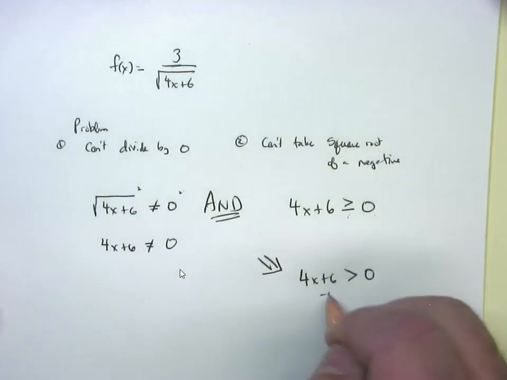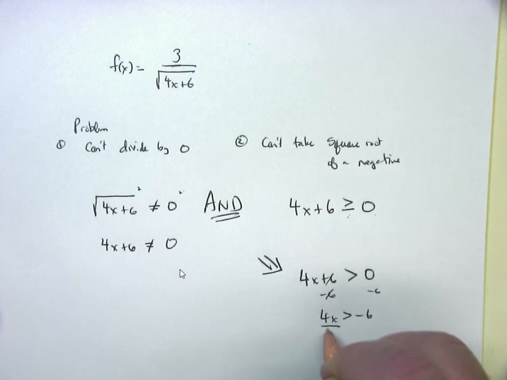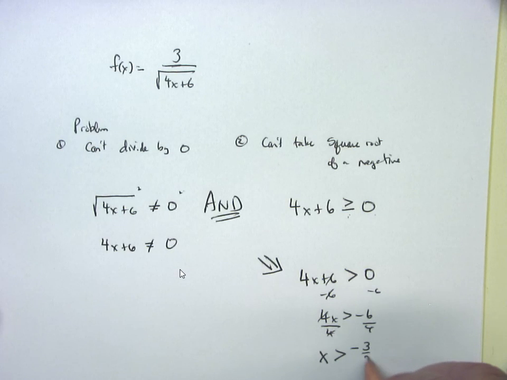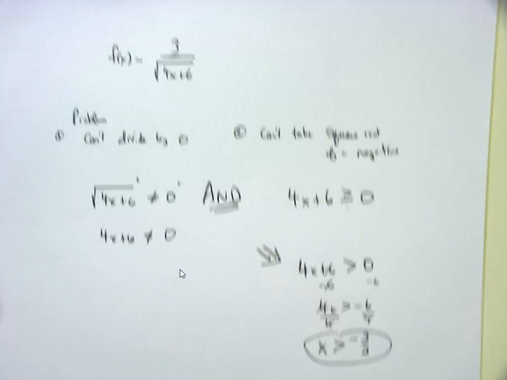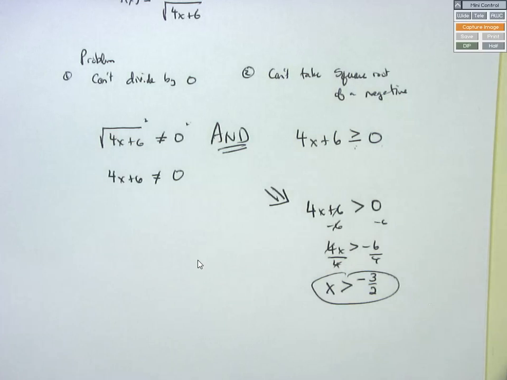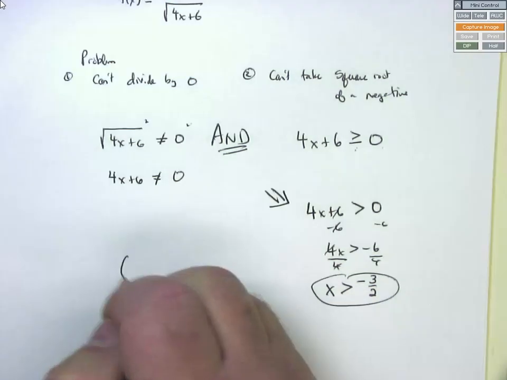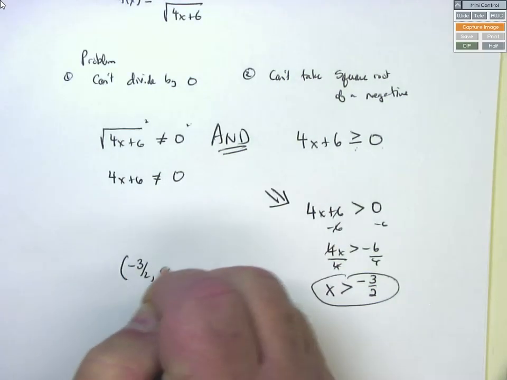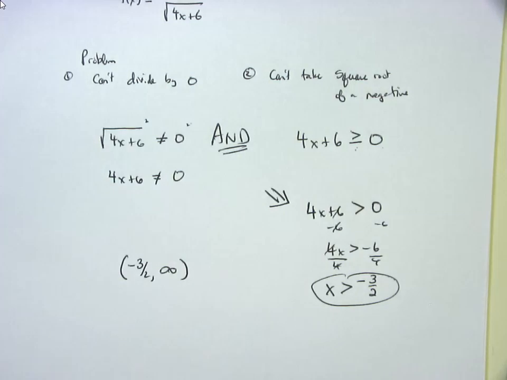I'm going to subtract 6 from both sides. I get 4x is greater than negative 6. I'm going to divide by 4, reducing my fractions. x has got to be greater than negative 3/2. There's my answer. In interval notation, that would be parenthesis negative 3/2 to infinity. Does that make sense? Got to be greater than negative 3/2, and not including negative 3/2.